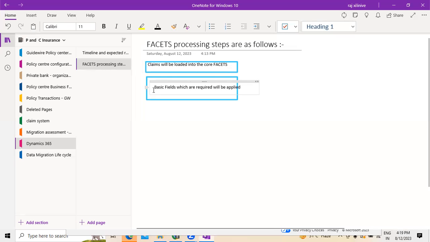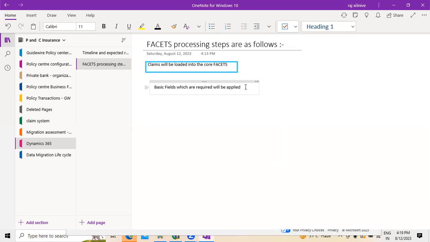So this is generally the second thing which we normally do. Whenever there are basic fields, there are different basic fields we have to update. Normally these basic fields are as follows.